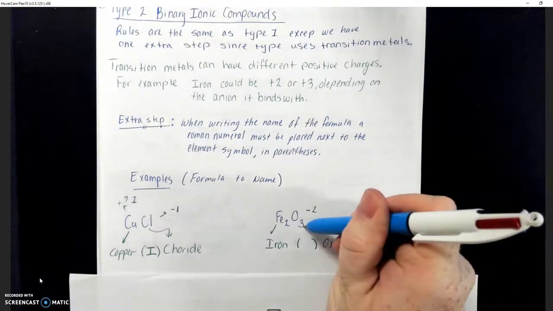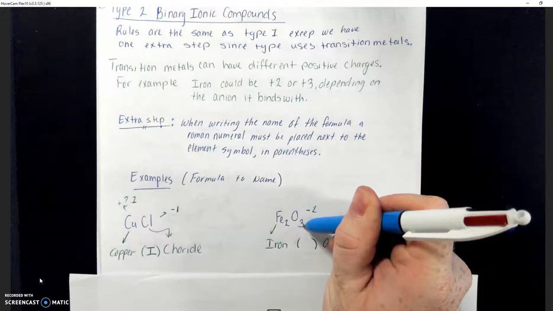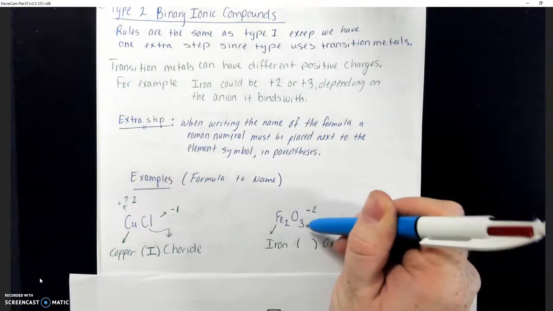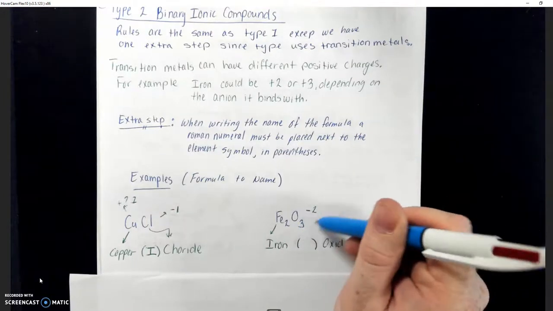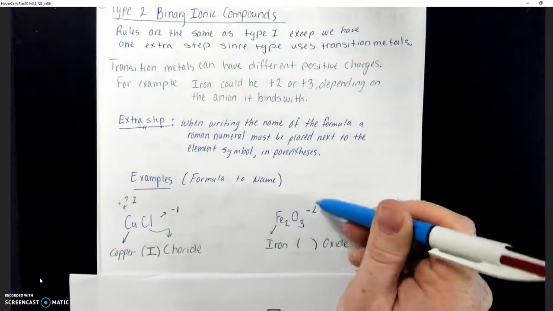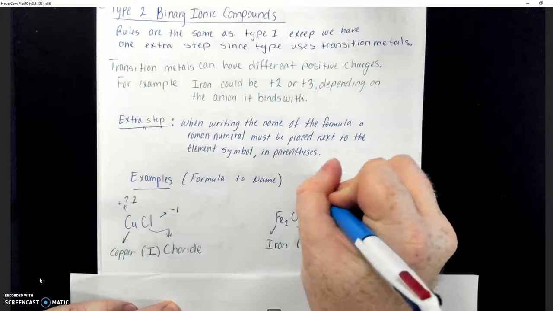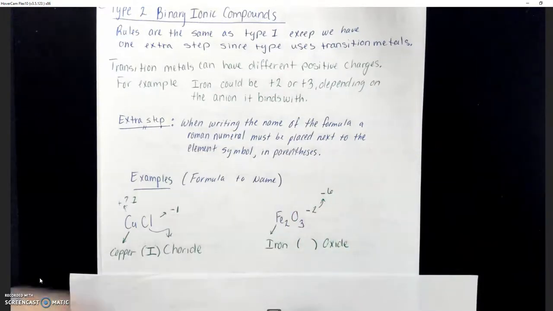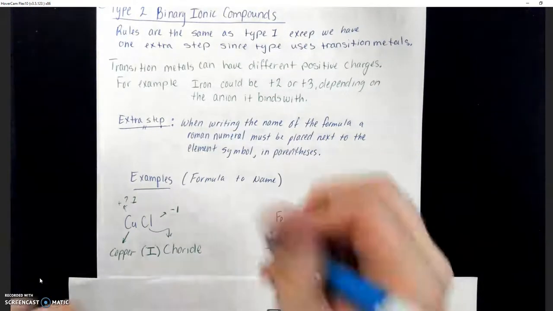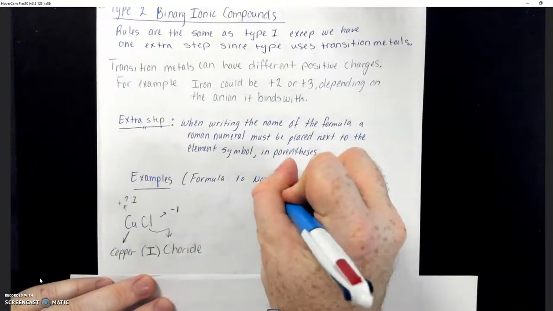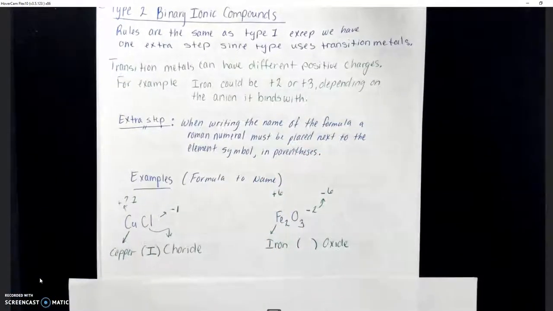But we have 3 total oxygens on this side. So what is the overall negative charge if we have 3 -2's? It's going to be -6. Okay? Which means over here we have to have a +6 charge to balance that out. But is the iron +6?